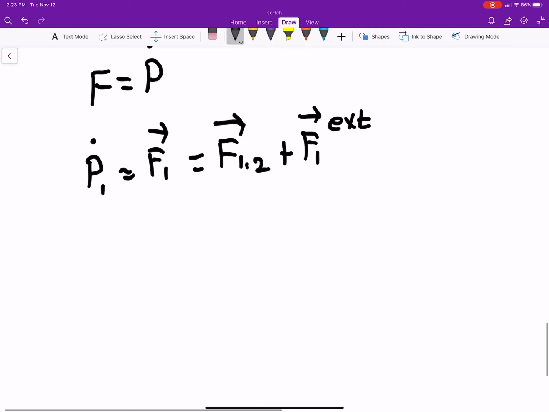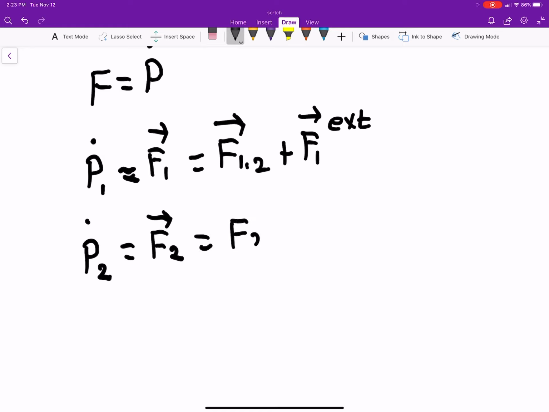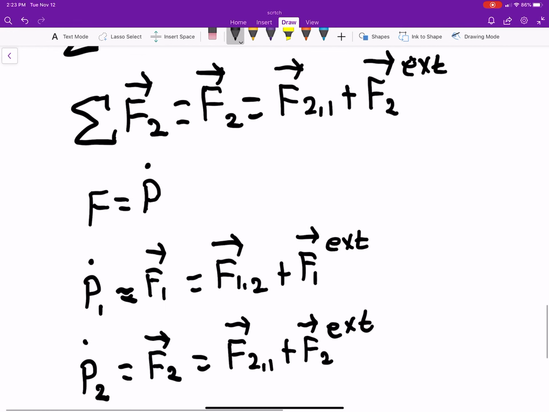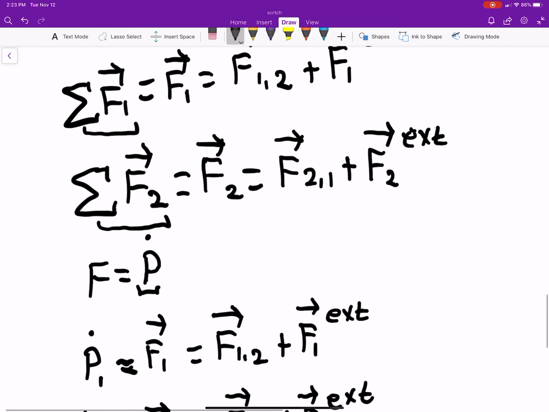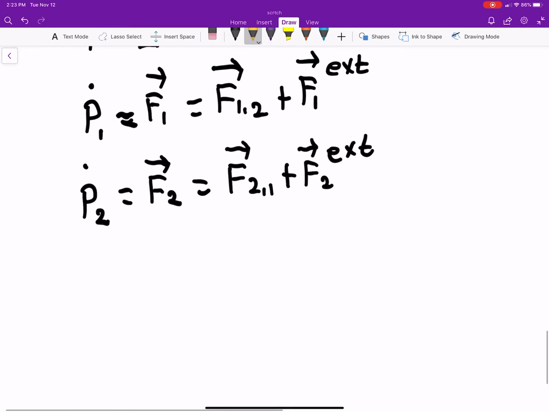We can use the same logic for the momentum of particle 2, or planet 2, or moon, whatever you're calling 2, it doesn't really matter. That's equal to F1,2 plus F2 external. So the change in momentum is our force. I'm just taking this and putting it basically here and here. Hopefully that makes sense.